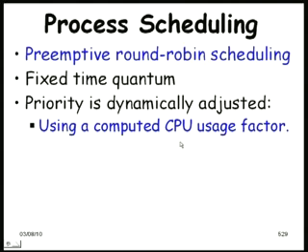If it ran through the entire slice, then its priority will decrease. If it could use only a small part of the CPU slice, because possibly it had to block for IO or something, its priority will increase. If it used the full time slice allocated to it, its priority will decrease. If it could not use its time slice because it had to wait for IO or some event, its priority will increase.